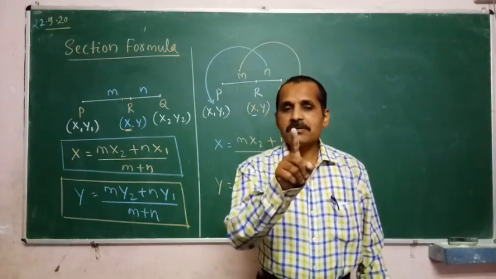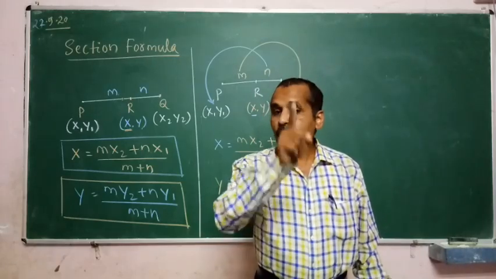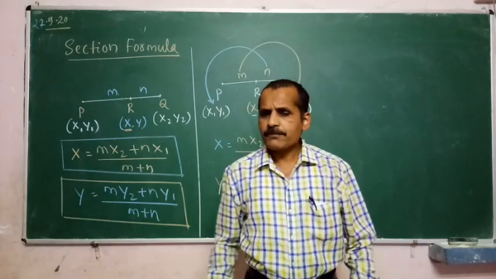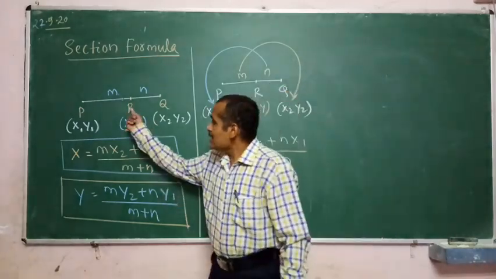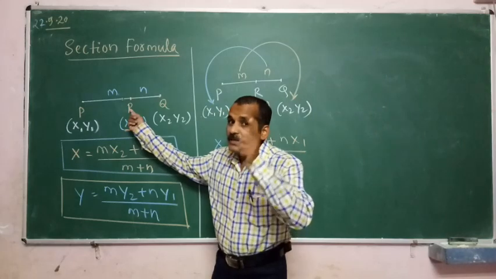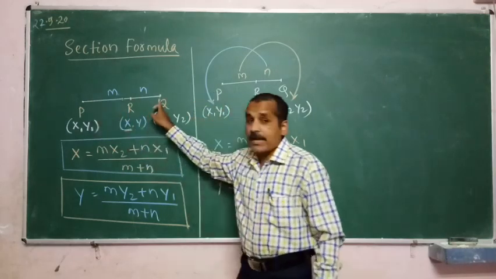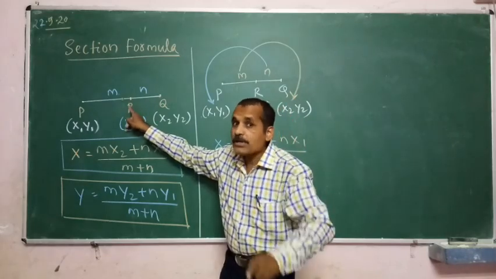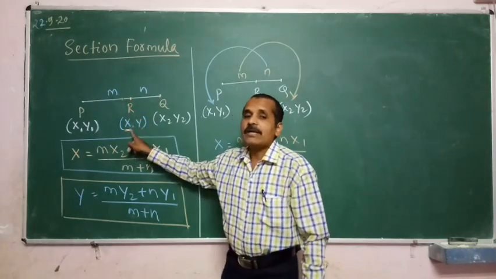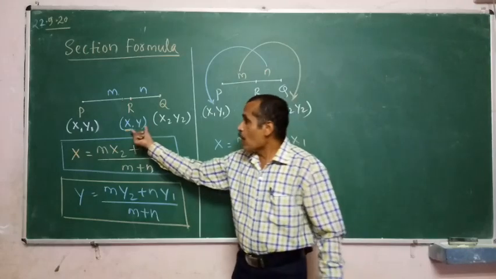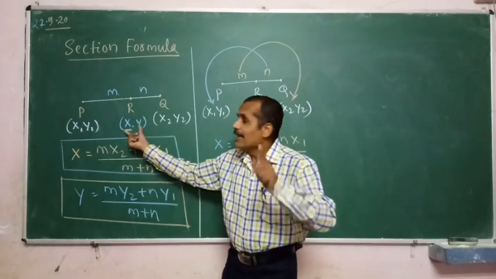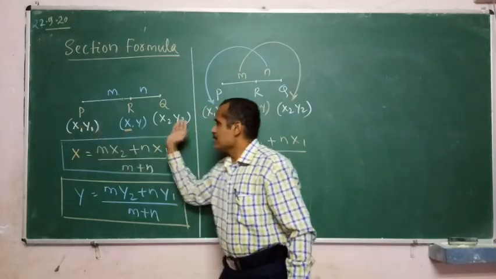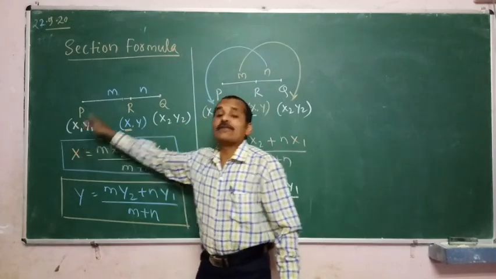But my dear children, one very, very important point to keep in mind. The point which is dividing the line segment, that means point R, for this always give xy only. The coordinates must always be xy. This x1, y1 can be interchanged: x2, y2 can go there, x1, y1 can come here.